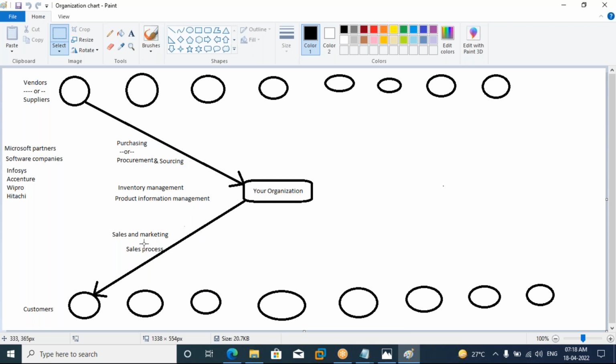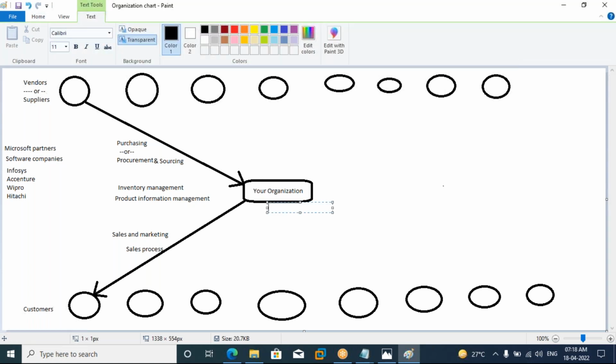And you are selling material to customers. Once you purchase, you sell to different companies, which are called customers. So there are 4 types of companies. One is the software company, the Microsoft partner company. Another is this company, which is called the client.